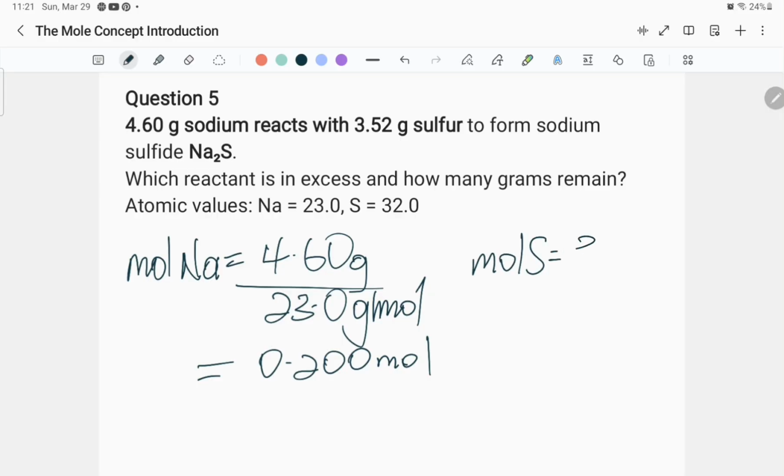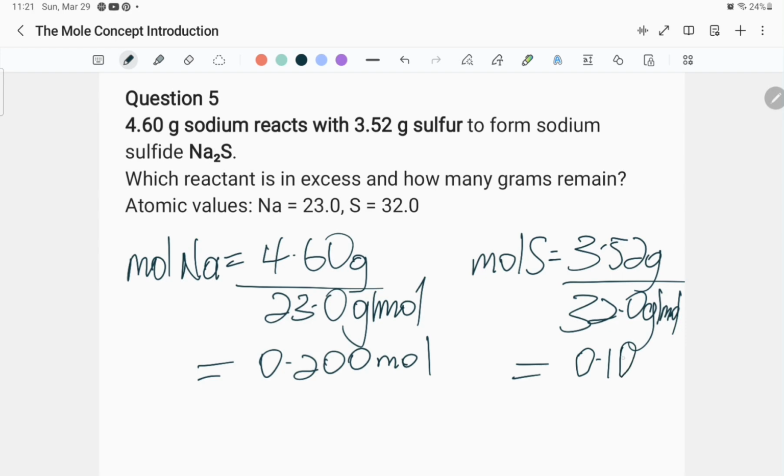All right, and we do the same for sulfur. The mass of sulfur is 3.52 grams divided by 32.0 grams per mole, and then we find it's 0.110 moles. So now we have found the amount of moles for the individual atoms.